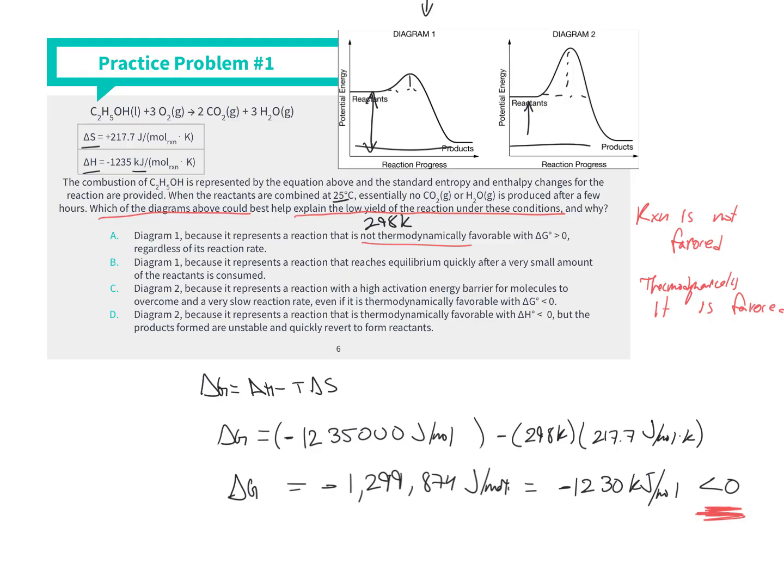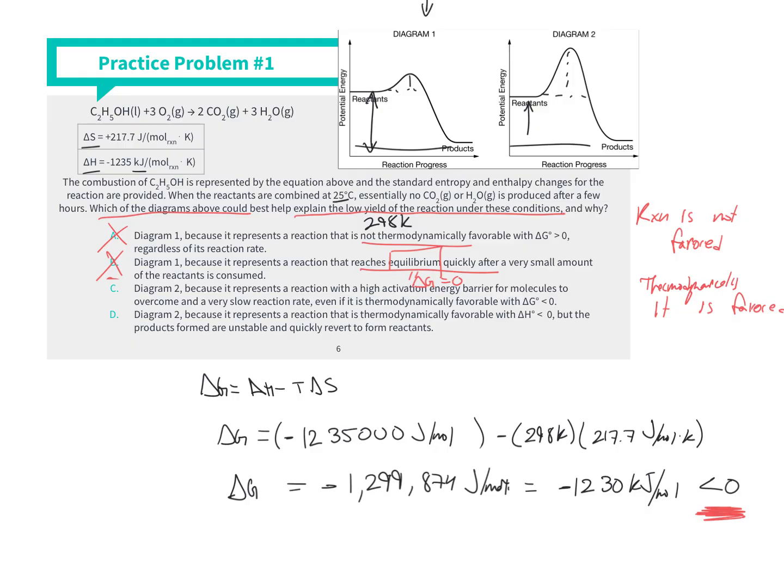Of course, we calculated delta G is less than 0, so this cannot be true. The second one says it represents a reaction that reaches equilibrium quickly after a very small amount of the reactants is consumed, but we can't actually tell from the diagram, so that is not true. We can't tell equilibrium from those diagrams. We also know that delta G is less than 0, so it can't reach equilibrium because this means delta G equals 0. So that one can't be true.